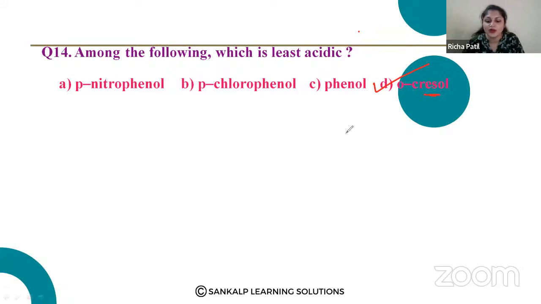Orthocresol. Electron withdrawing groups like nitro and chlorine decrease the electron density in the ring and thus increase the acidic strength. So the least stable is your orthocresol. Whenever you have nitro groups or chloro groups, they will increase the acidic strength. Whenever you have an electron donating group like CH3, it will decrease the acidic strength. So this will increase, this will decrease.